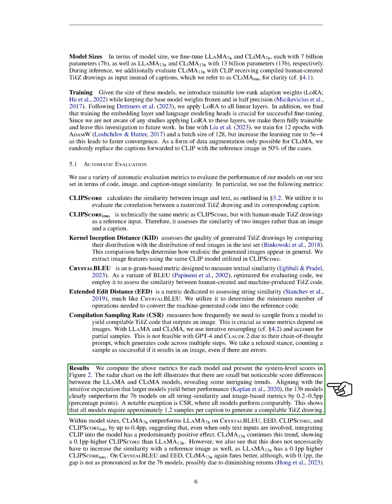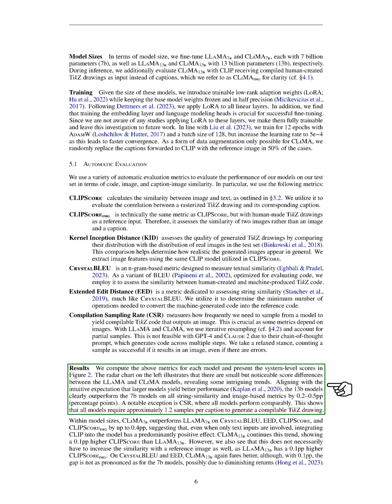However, all models performed similarly when it came to generating a compilable drawing, requiring approximately 1.2 samples per caption. Within model sizes, our CLIMA models outperformed their counterparts on several metrics, suggesting that integrating text inputs into the model generally had a positive effect. However, this didn't necessarily increase the similarity with a reference image.